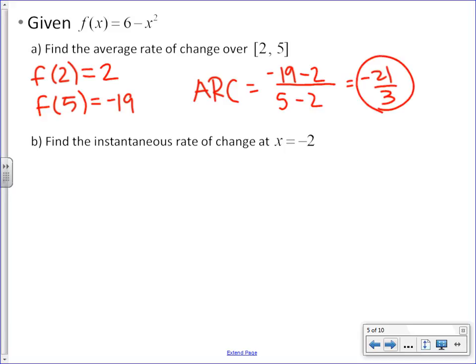Oh, 2 to 5 is the interval, so that's why. Yes, 2 to 5 is the interval. So that's the average rate of change.